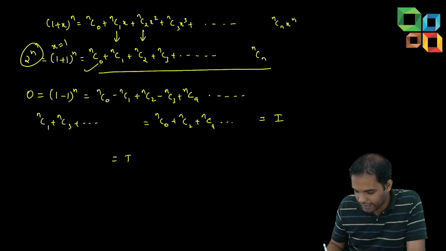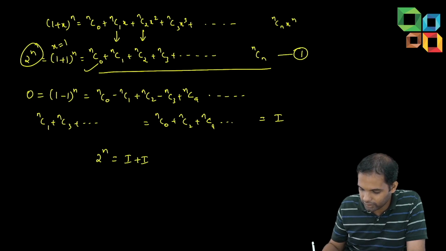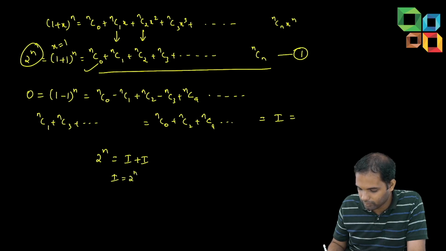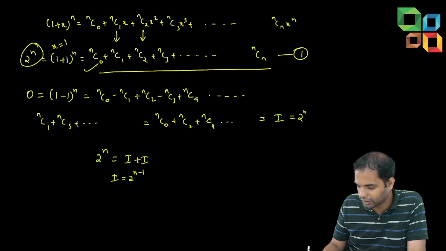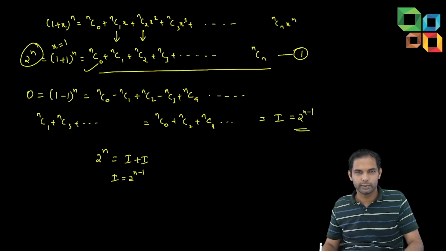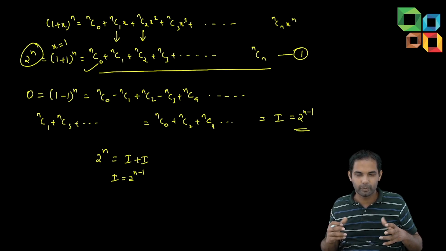So I plus I, I'm using equation 1 here, I plus I already know is 2 power n. Correct. So I can get to know what this I is. I is nothing but 2 power n minus 1, because 2I is 2 power n, I should be 2 power n minus 1. That means each of the sum of odd terms or even terms is equal to 2 power n minus 1. So now these two results you need to remember, that's it.